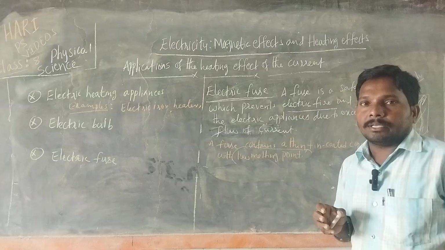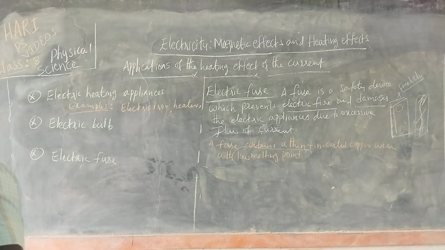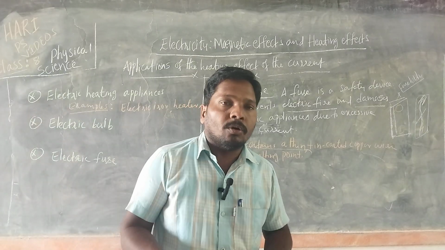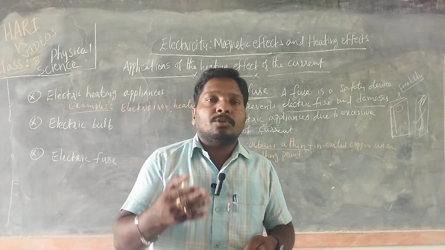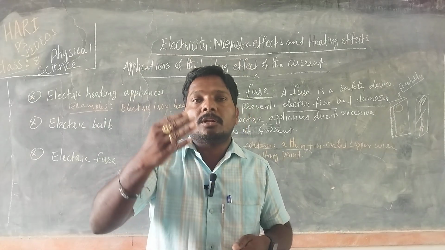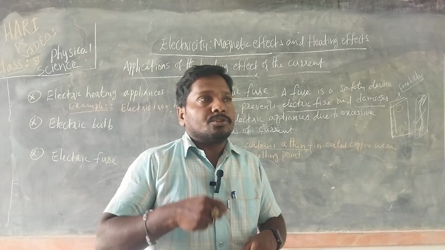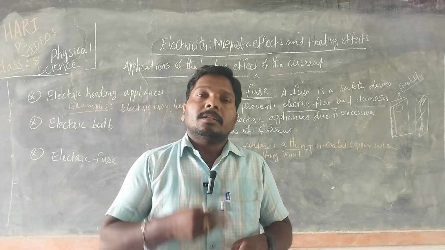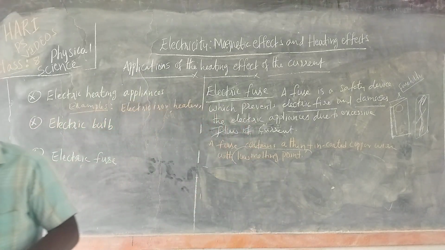So due to low resistance, what will happen? We know if the connecting wire has low resistance, it produces less heat energy. So the thick wire does not melt, which causes damage to the electrical appliances.